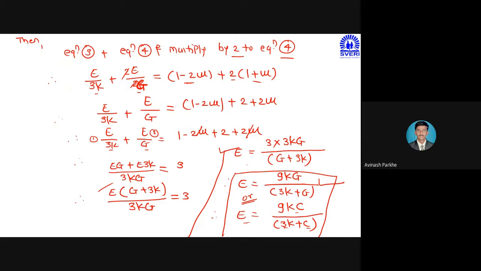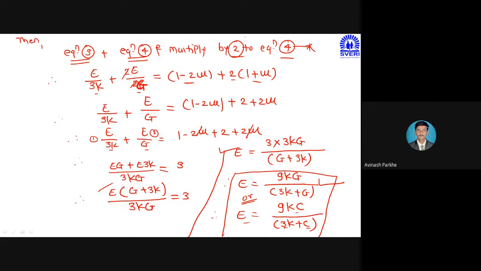Now, for further derivation, we have to add one condition. That is, do the addition of equation number 3 and equation number 4. This is the first requirement. And for equation 4 only, we have to multiply by 2.